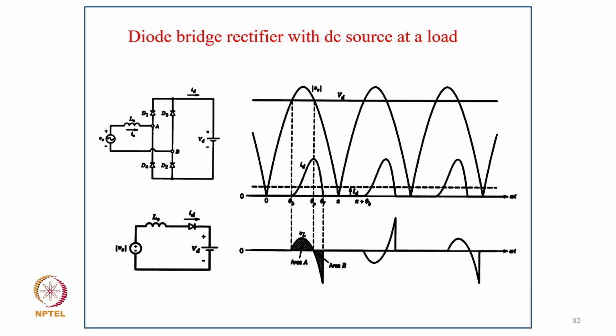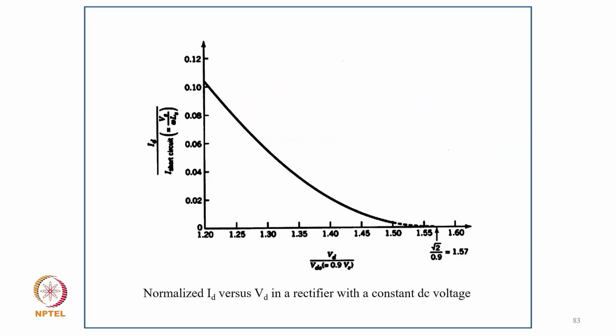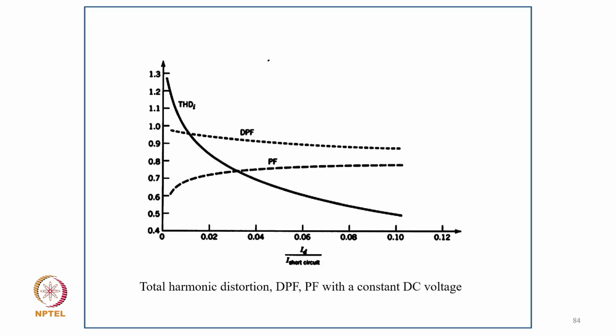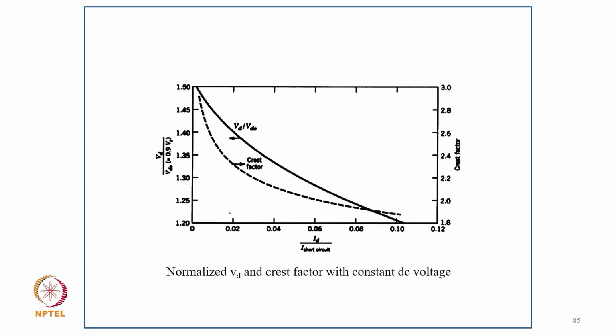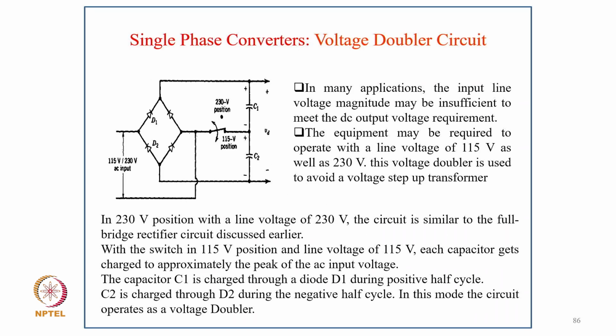The diode rectifier with a DC load, like a battery, is equivalent to this, and here typically are the load current, average current and inductor voltage, the normalized ID versus VD for a rectifier with constant DC voltage, and this is the total harmonic distortion, displacement power factor with constant DC voltage, and this is the normalized VD and crest factor with constant DC voltage.